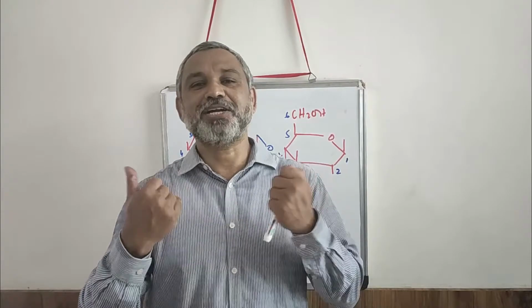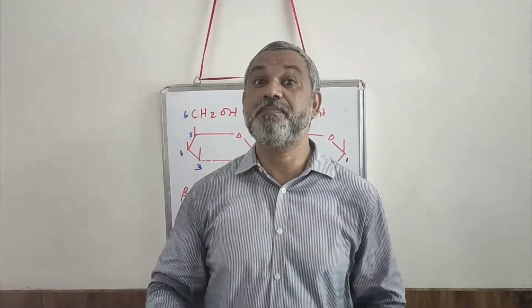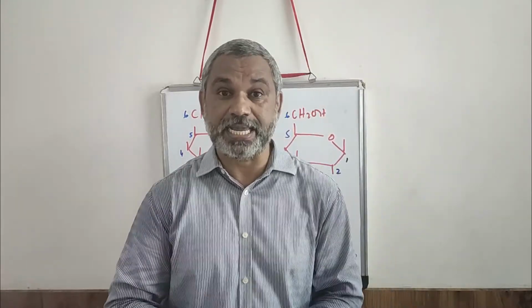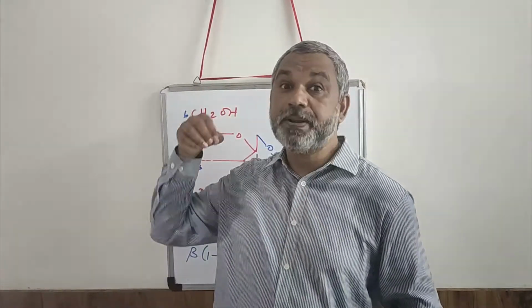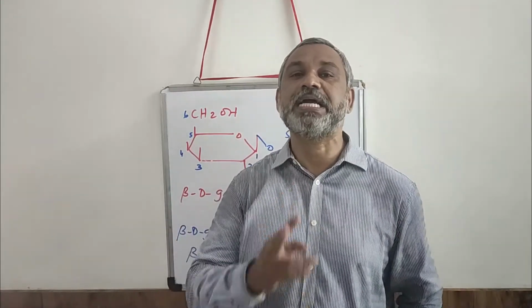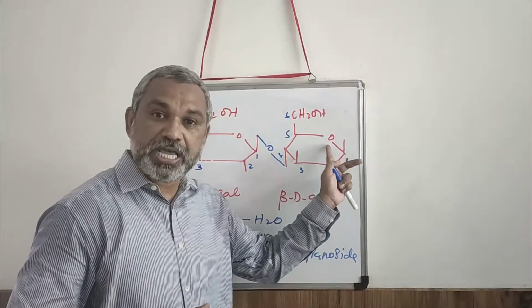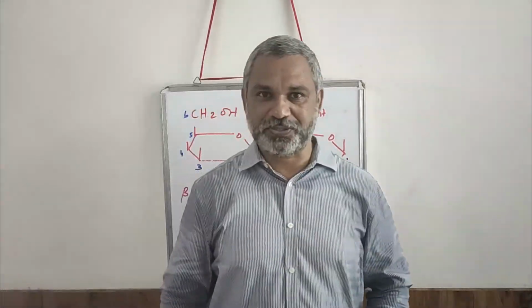Now remember, we consume a lot of milk. When we consume this milk, lactose will be there in our intestine. Now lactose cannot be directly absorbed by our system. So this lactose has to be cleaved into its monomeric units. Which are the monomeric units? D-glucose and D-galactose.